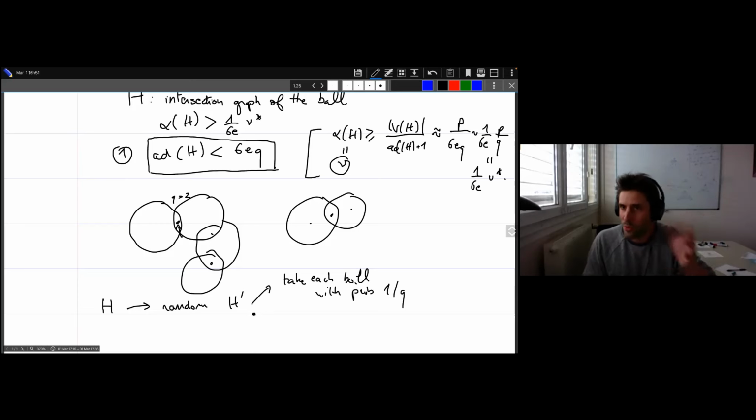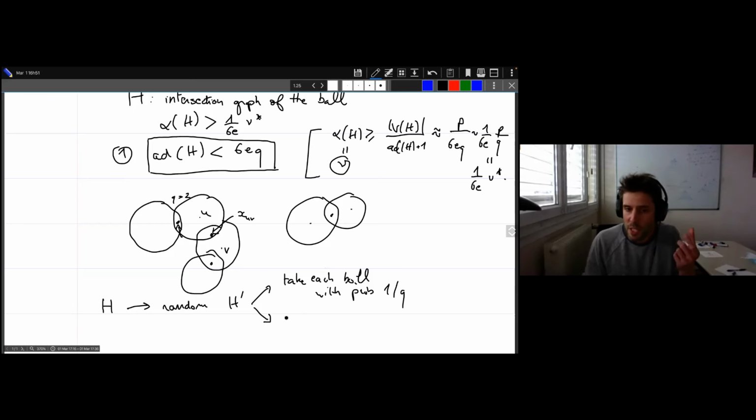And we're not going to keep all edges. We're only going to do the following. For each pair of balls, the ball of u and the ball of v, I keep some vertex x_uv that is in the intersection. The same vertex can be taken for many different pairs of balls; it doesn't matter. So in my subgraph, I take each ball with small probability, just 1 over q.